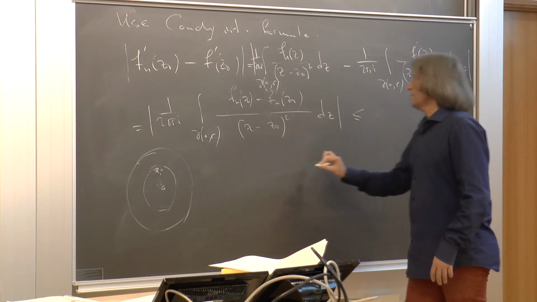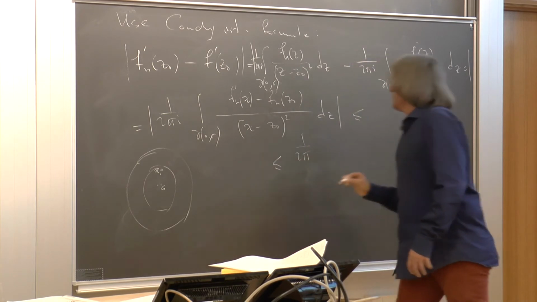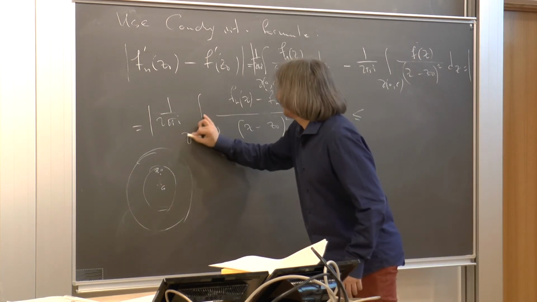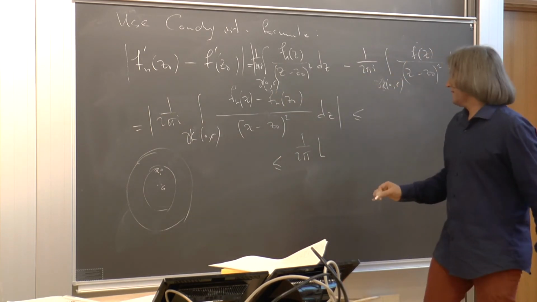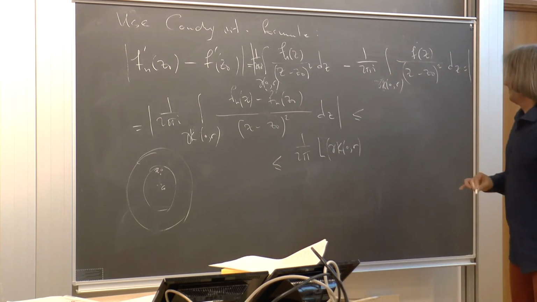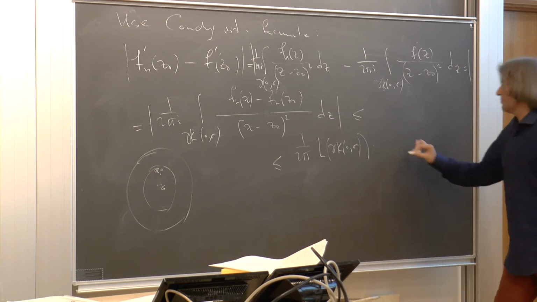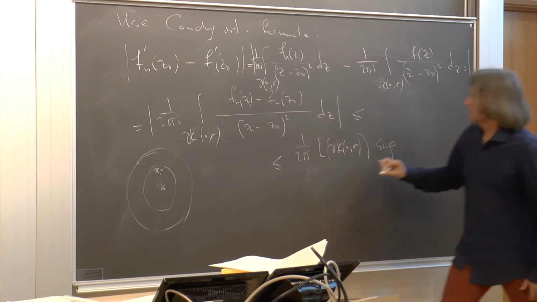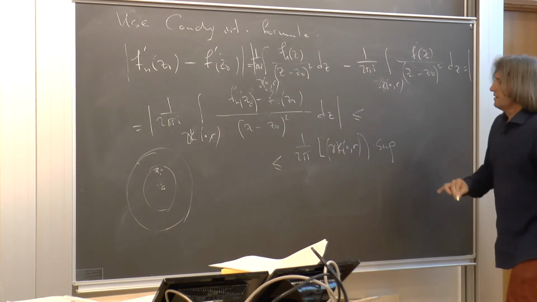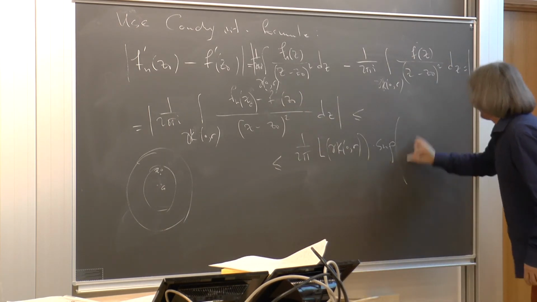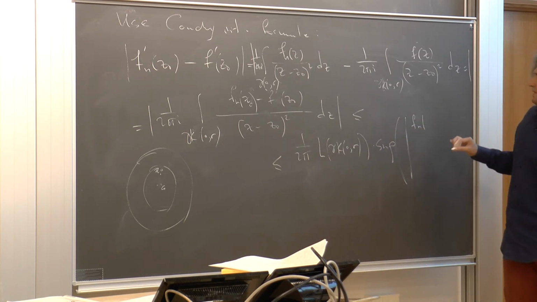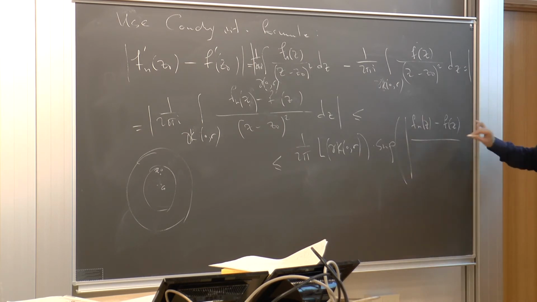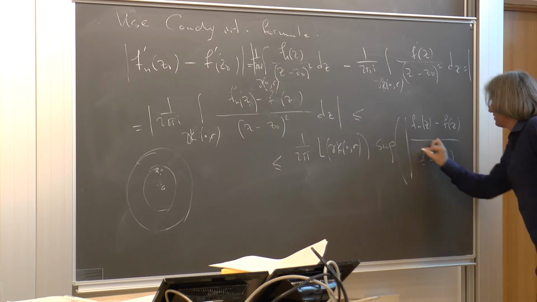So this is less or equal to 1 over 2 pi, the length of the boundary of A R, times the supremum of the absolute value of Fn of Z minus f of Z, divided by Z minus Z naught squared.